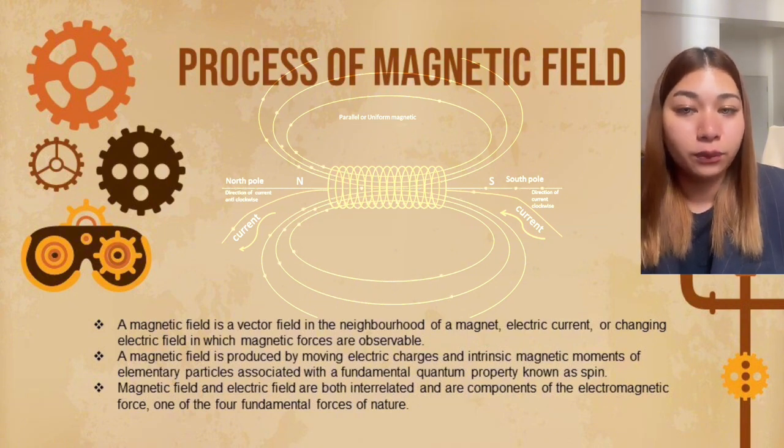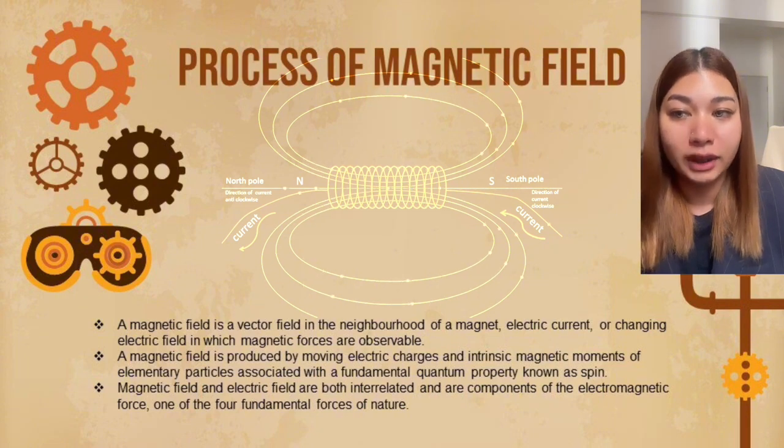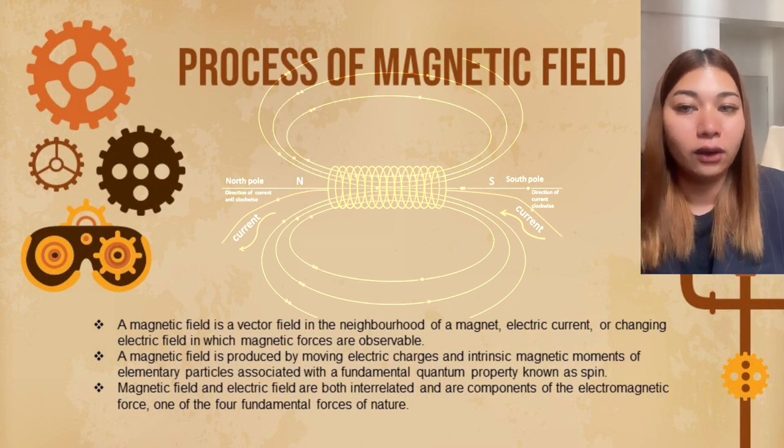A magnetic field is produced by moving electric charge and the intrinsic magnetic moment of elementary particles associated with a fundamental quantum property known as spin. Magnetic field and electric field are both interrelated and are components of the electromagnetic force, one of the four fundamental forces of nature.